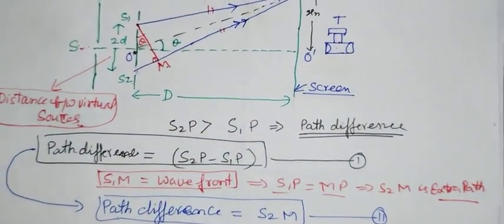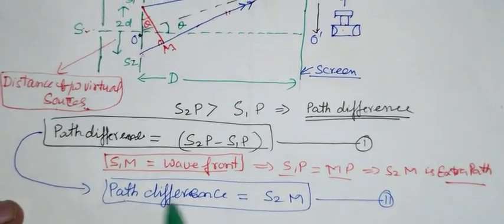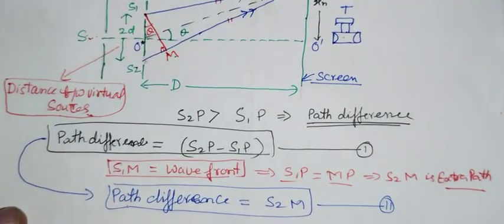See in it, we are selecting two triangles to determine the path difference in this case.